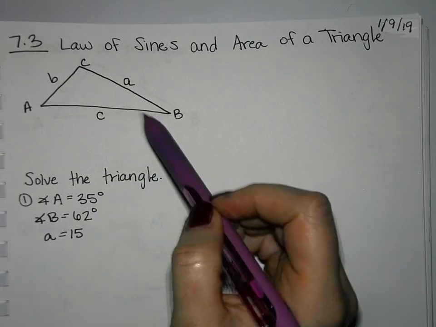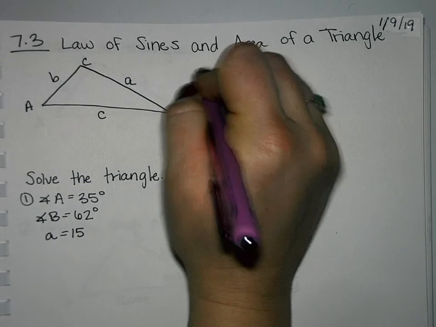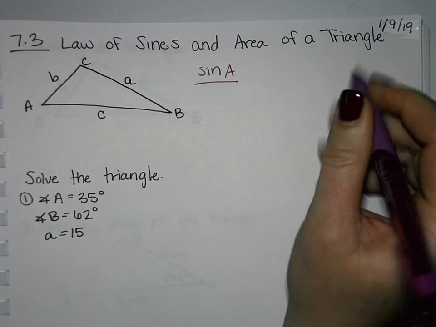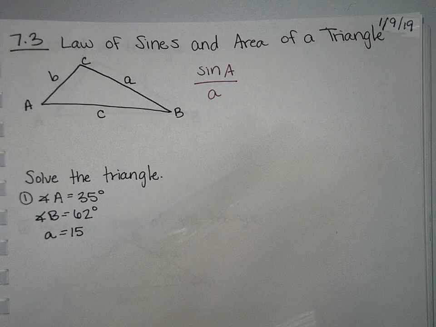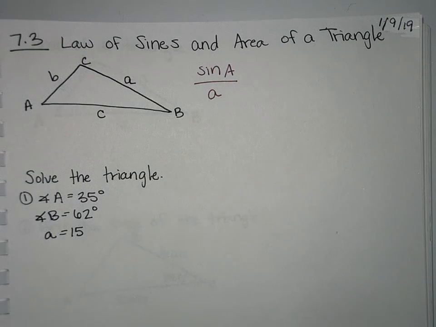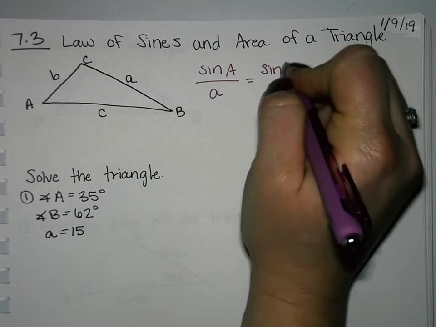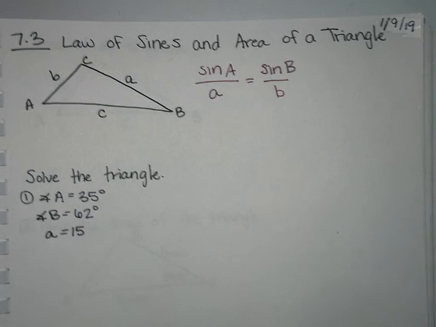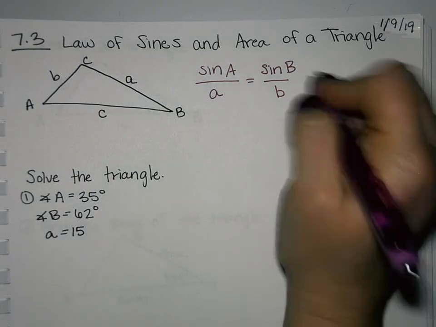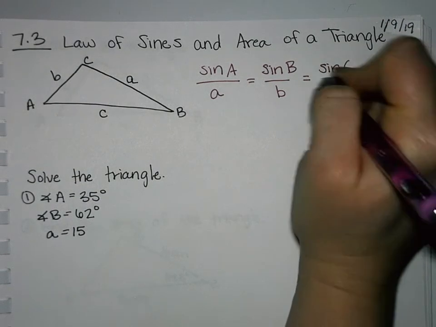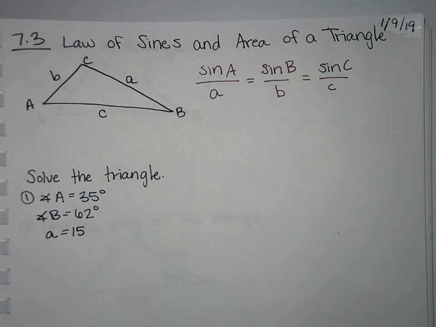When none of these are right angles, the law of sines says that if you put the sine of A over side A, so compare those, make that ratio, it is equivalent to the sine of angle B over its opposite side B, which is also equal to the sine of angle C over its opposite side C. Okay? This is our law of sines.